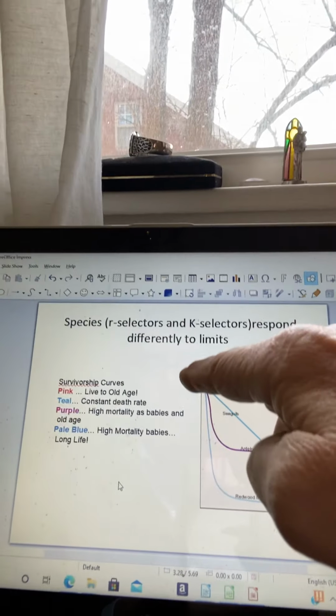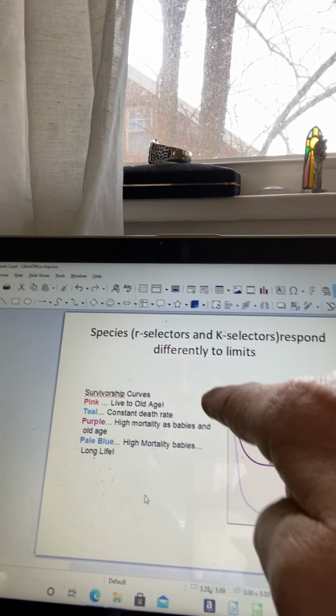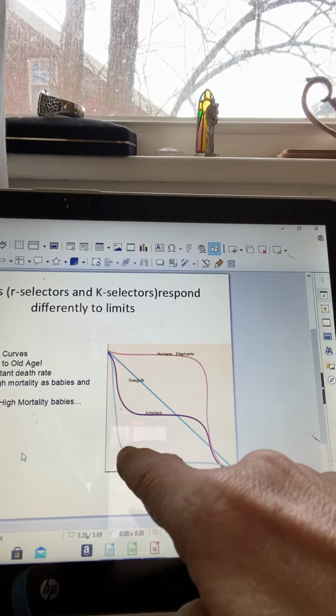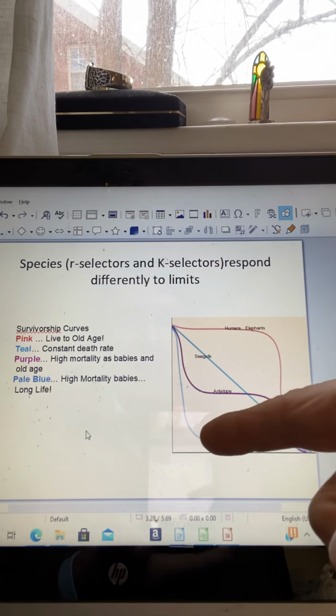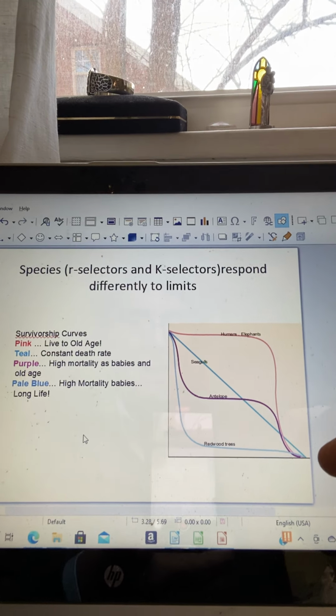But once they reach a certain size, they live for 300 years and die as an old tree. So the final curve is a crash in the population, huge mortality in the trees, and then any that survive live for a really long time. So those are the 4 different survivorship curves for different species.